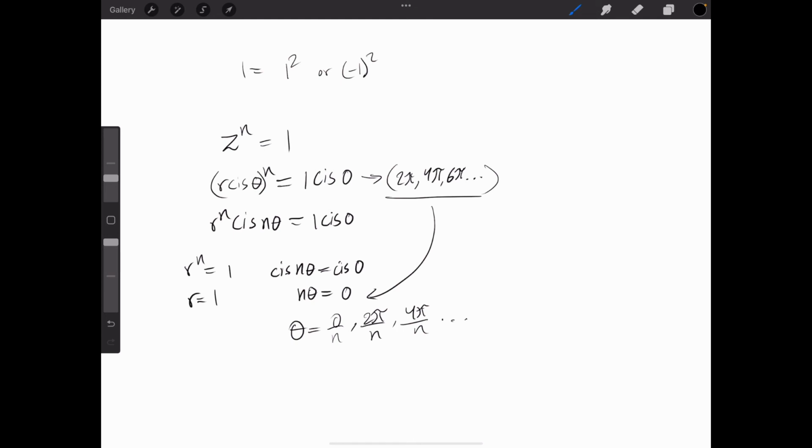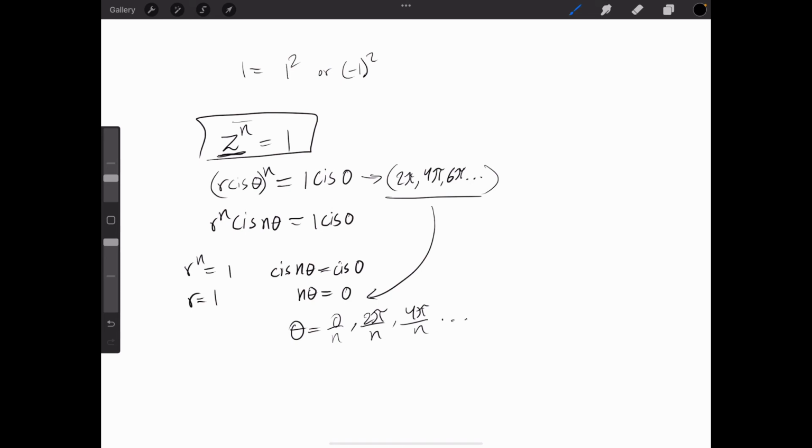So the objective of this was to find the complex number. Let's go back to here. What we were trying to do is, let's say we knew what the exponent n was, and we knew that it was all equal to 1 in this case. We were trying to find this complex number, which we didn't know, so we substituted r cis theta into it.